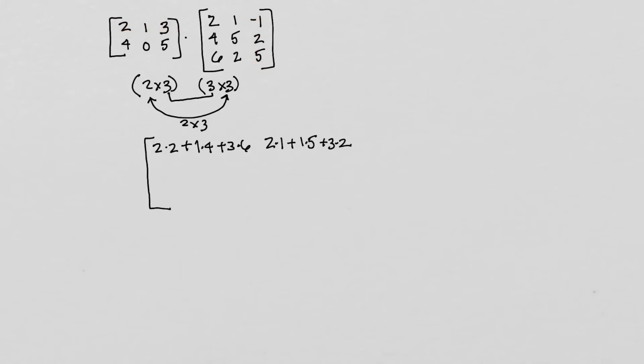So over and down component-wise. It's going to look like this. So first and first is going to be 2 times negative 1 plus, and then second times second is going to give us 1 times 3 plus, and then third and third, 3 times 5.